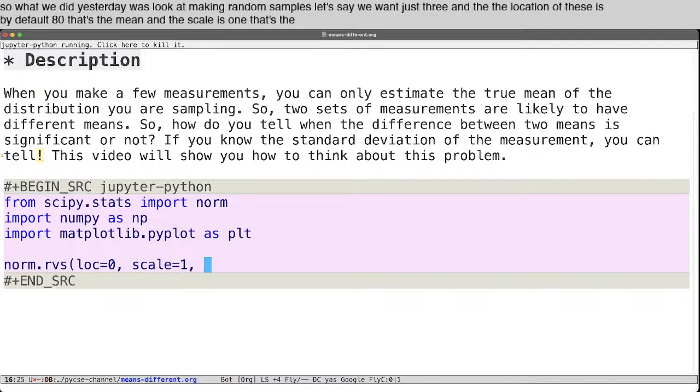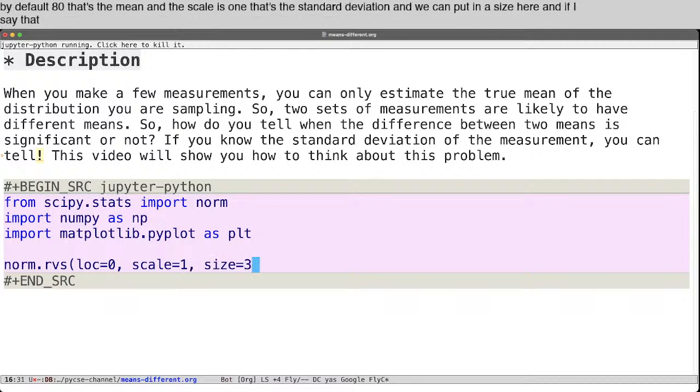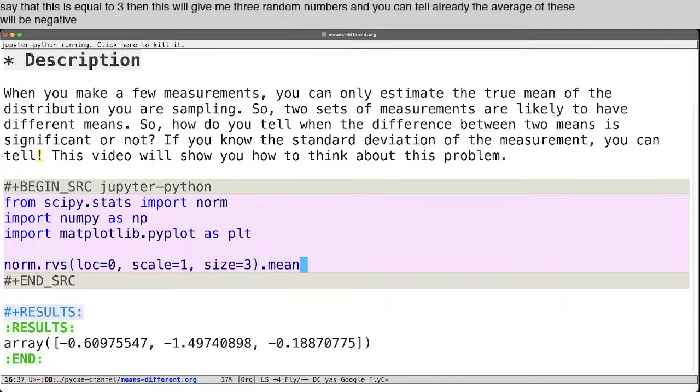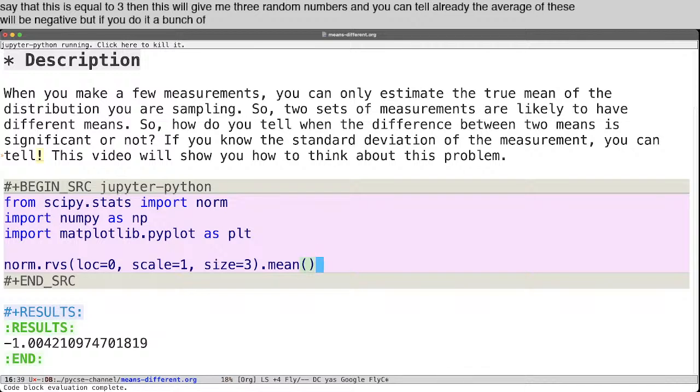That's the standard deviation, and we can put in a size. If I say size equals 3, this will give me 3 random numbers, and you can tell already the average of these will be negative. But if you do it a bunch of times, sometimes you'll get a positive, sometimes a negative.